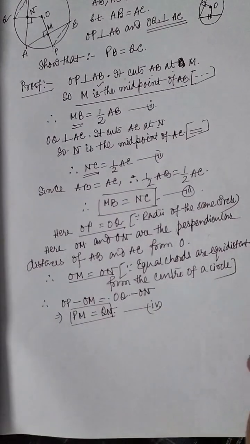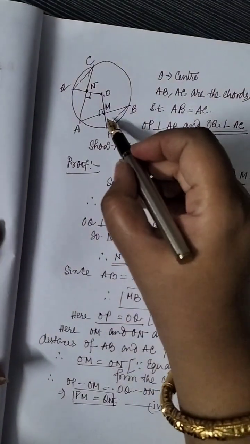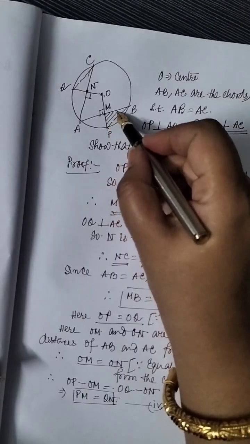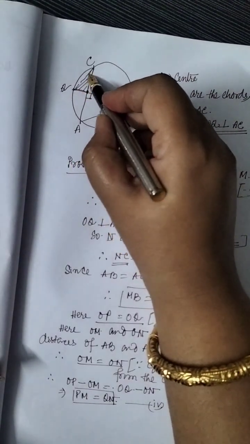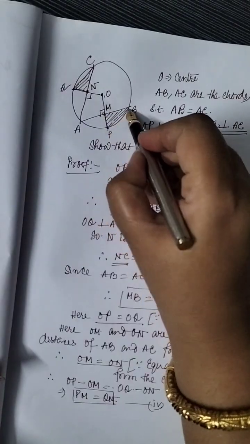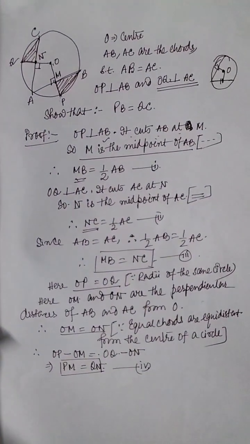So now we shall use this 3 and 4 to prove the congruency between these two triangles. One is this one, another one is this one. Means this triangle and this triangle. So let's prove the congruency between these two triangles now.